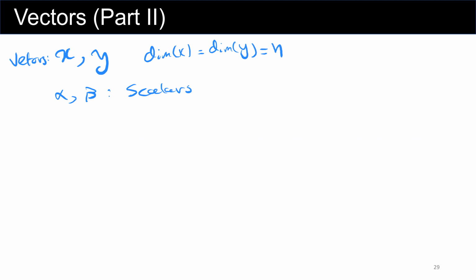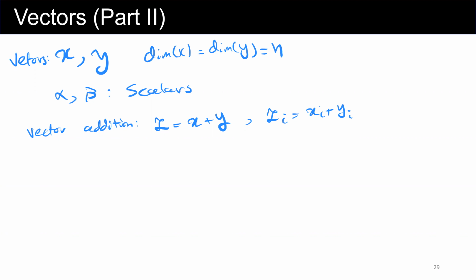First, we talked about vector addition. So if these two vectors have equal dimension, then we can define vector z equal to x plus y, where each element of z is the sum of the corresponding elements from these two vectors.